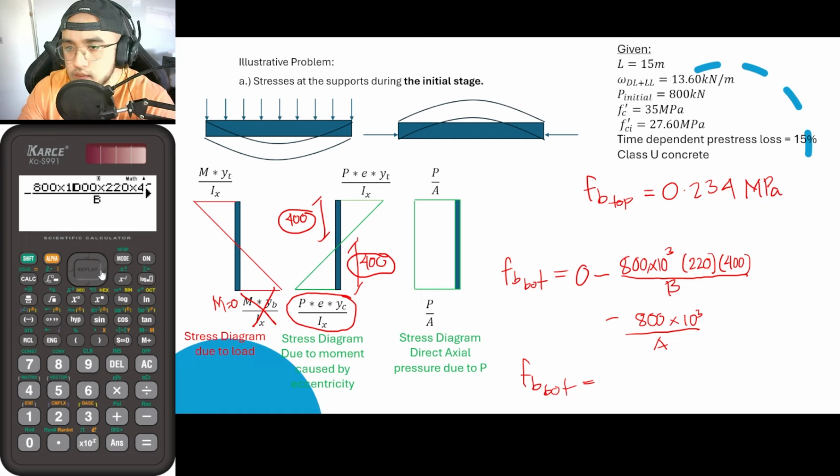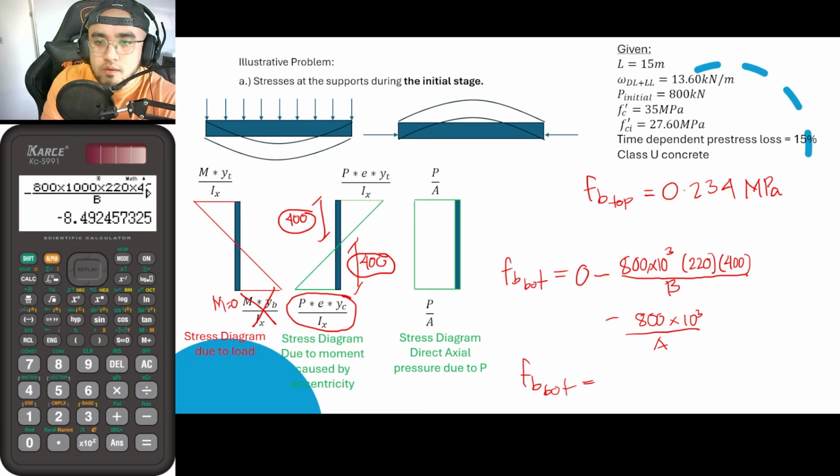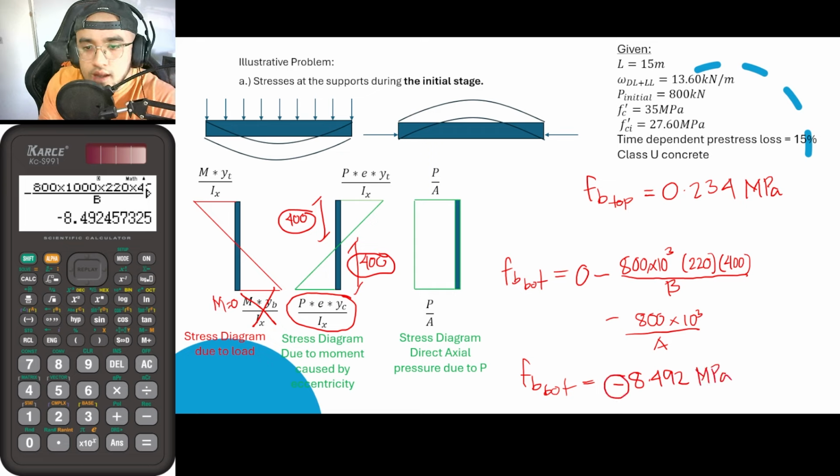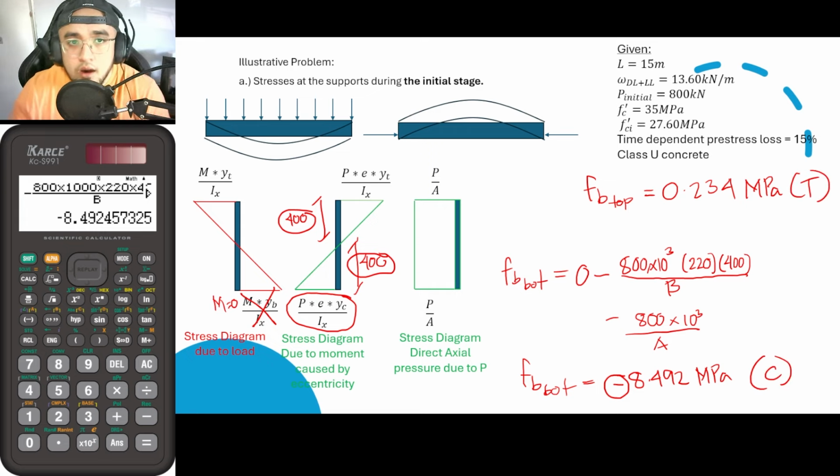Let me double check my equation: times 220 times 400 divided by B, minus 800,000 divided by A. So the bottom part will have a stress of negative 8.492 megapascal. The negative sign indicates that it is under compression. So that is now for the initial stage.